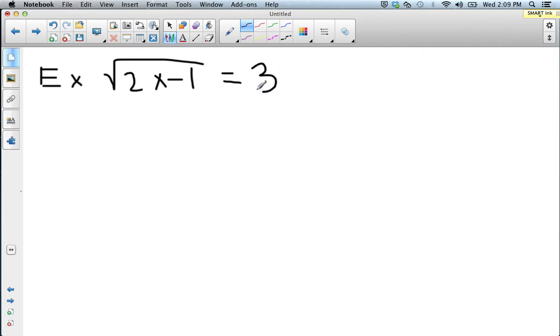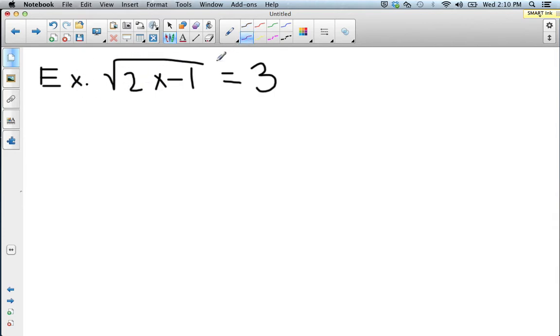Now this one's actually pretty easy because the radical is already isolated. So this is our radical, it's all by itself. There's no plus anything outside the radical, minus, you're not dividing by anything that's not under the radical. The radical is by itself.